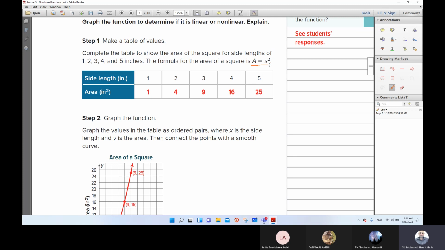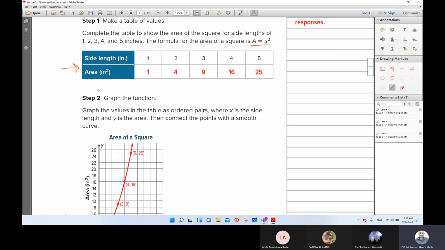If s is 1, 1 squared is 1. If s is 2, 2 squared is 2 times 2, equal to 4. If s is 3, 3 squared is 3 times 3, which is 9. 4 squared is 4 times 4, which is 16. And 5 squared is 5 times 5, which is 25. So the first step is to create the table.